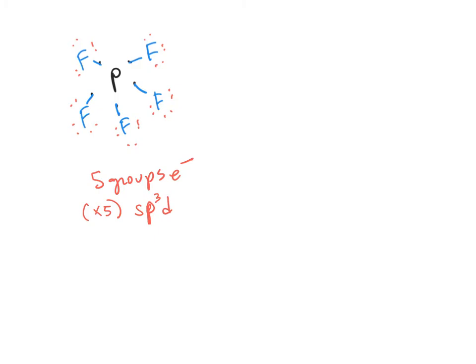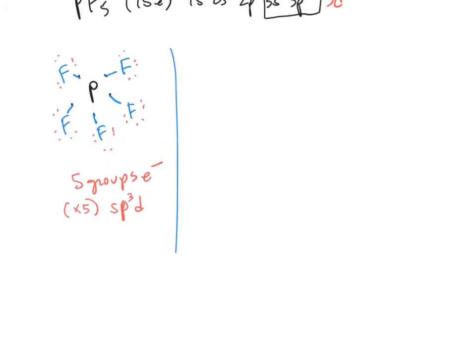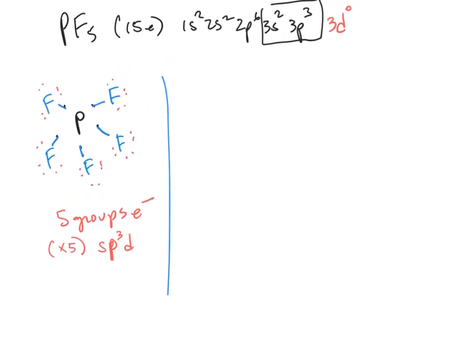Okay, so this is different, and we can start with the orbital diagram. 3s, 3p. There's none in there right now in the 3d. So you've got 1, 2, 1, 2, 3. All right, you know what you've got to do here. You've thought it through.